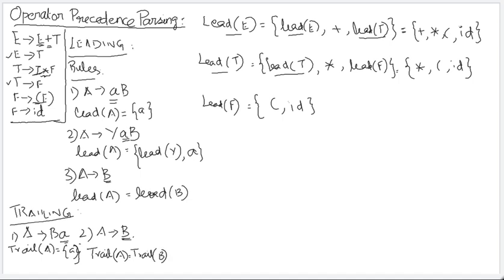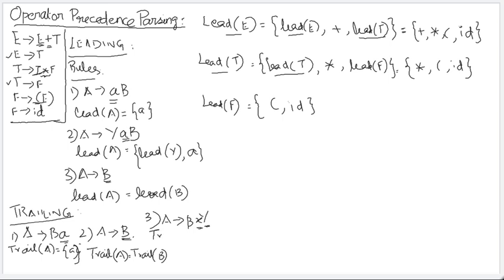Okay. What is the other possibility? The other possibility is A tends to some beta X and capital Y. So the trailing element is a non-terminal, but it has a terminal symbol before that.